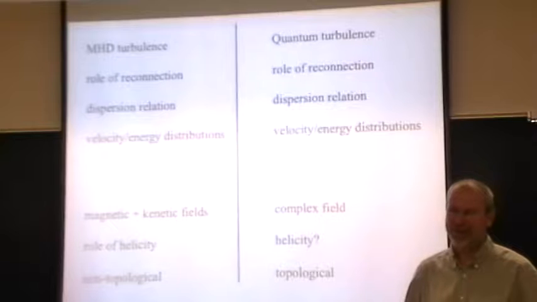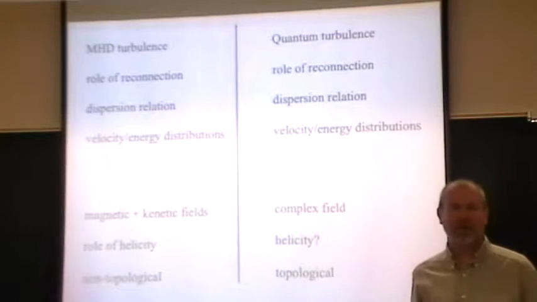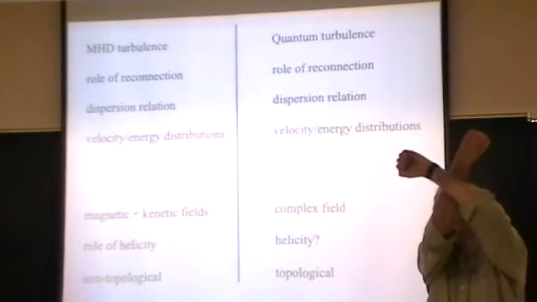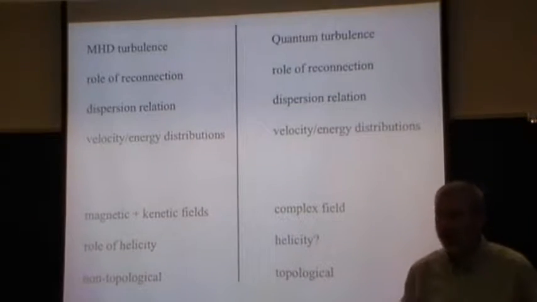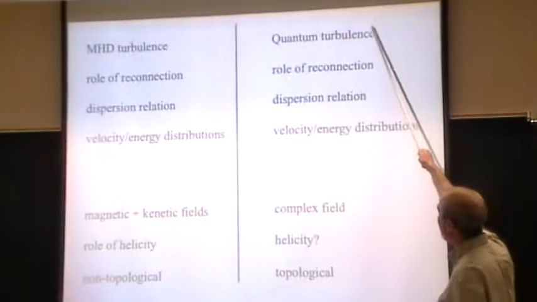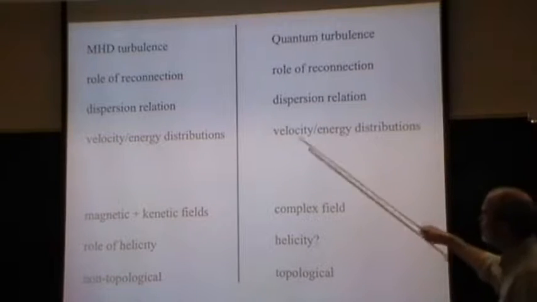It's really quite beautiful phenomena. But it's quite common to have these arcs of magnetic field lines with currents running along them. If they interact, they can then exchange tails. They can change their topology. So that's called magnetic reconnection. Similarly, in quantum turbulence, we have quantized vortices that can also interact and exchange tails. And there's some interesting analogies between those two that we'll get to.